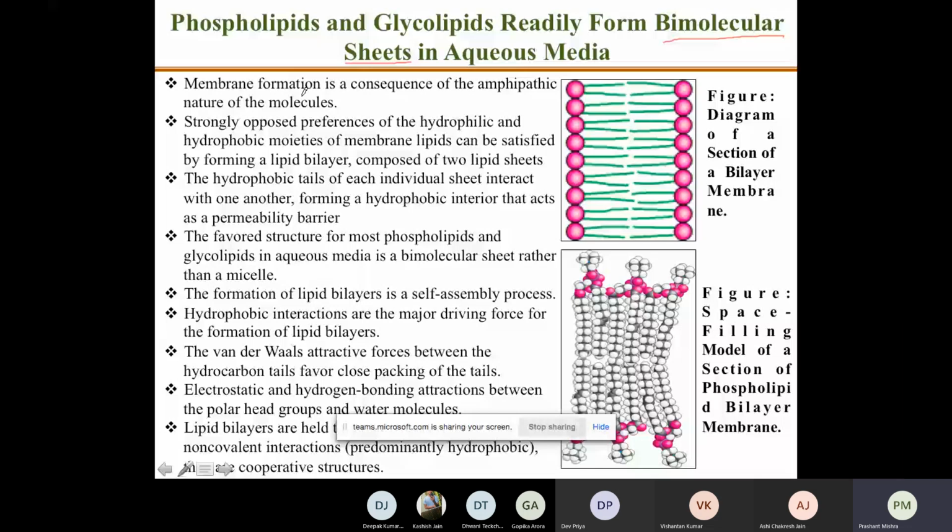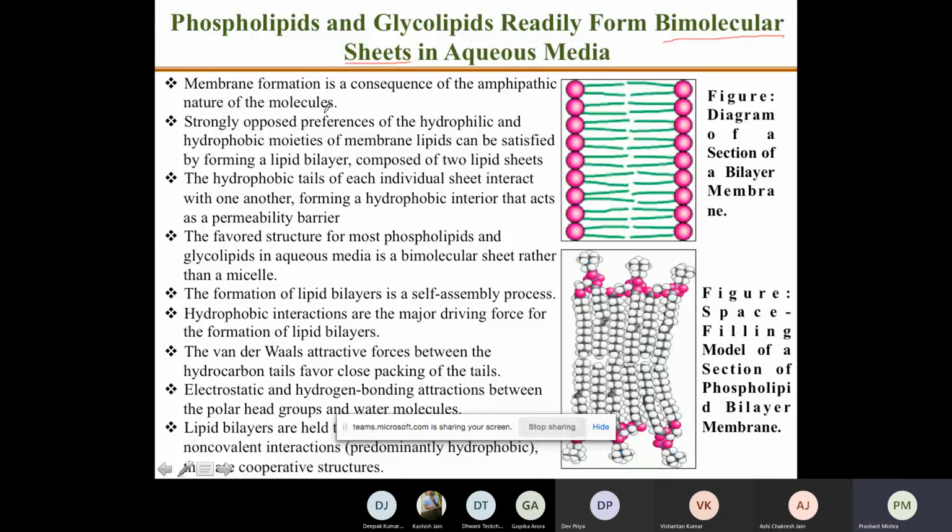If I have phospholipid, which is both hydrophilic and hydrophobic, they will form a membrane structure. So it is a self-assembly which occurs. If you recall our first and second lectures, where we talked about self-assembly, and how non-covalent interactions occur between different molecules.